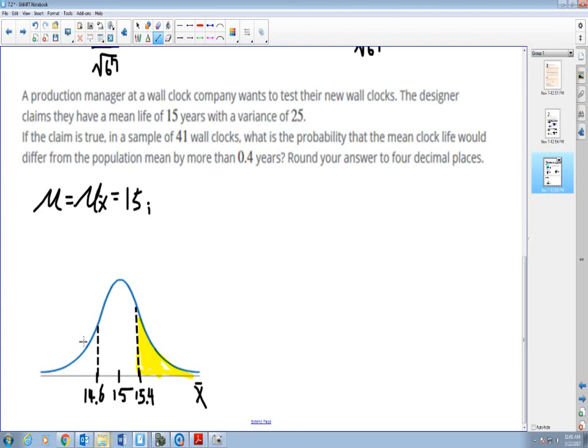In this case, it's actually referring to the area to the left for the more than the one on the left. If you need to be more than the one on the left, that is actually all this area to the left of the 14.6. It's very hard to explain that concept. I need to be more than the 15.4. I need to be more than the 14.6. Okay.